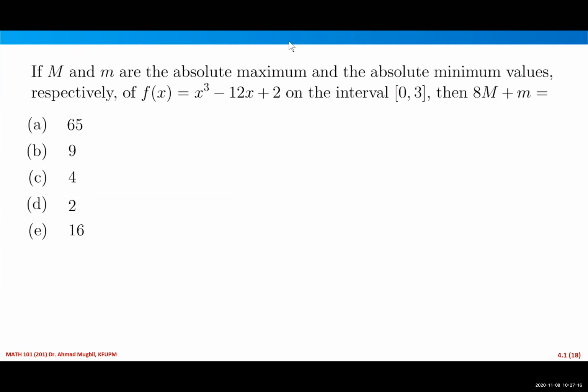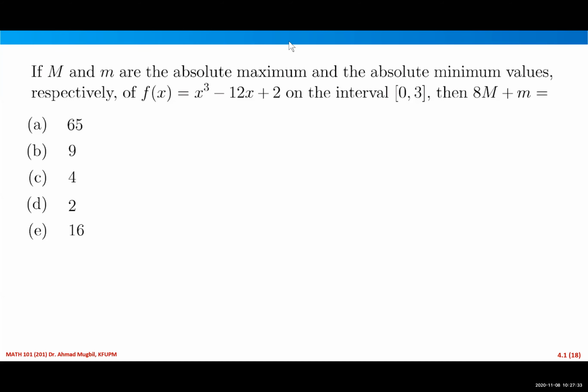18 students only. More votes. So far, we have only 5 students who got the right answer.